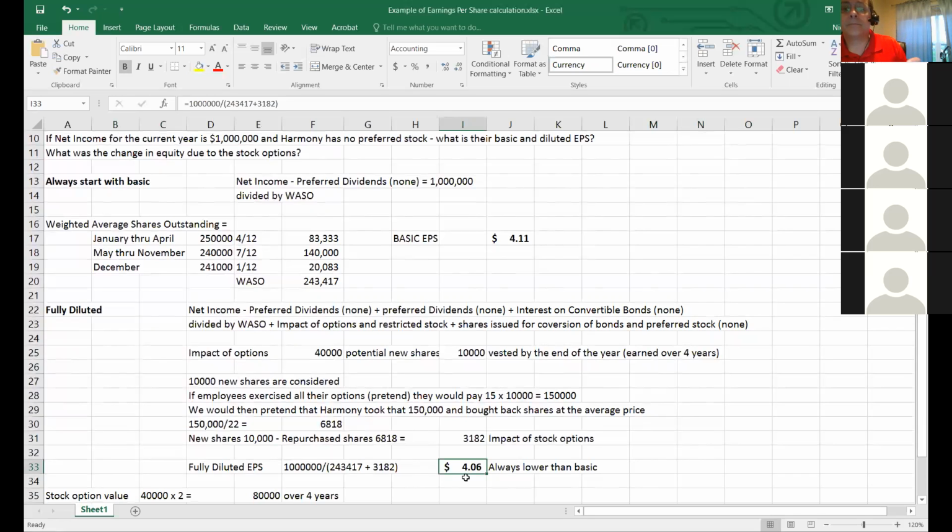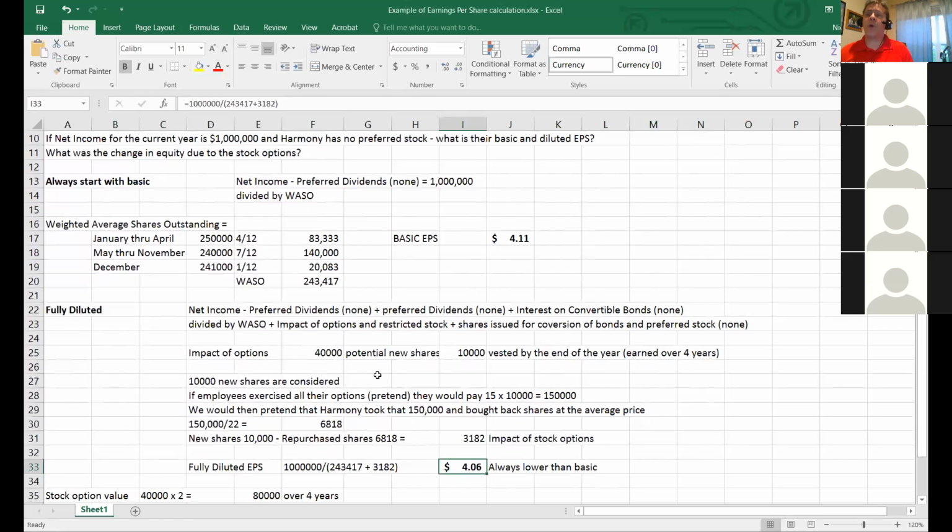And we do this every time there's a scenario like this? Yes, any company that has options or convertible preferred stock or convertible bonds would do this each year. You're usually only worried about this at the end of the year. It's not like you're making a bunch of journal entries during the year.